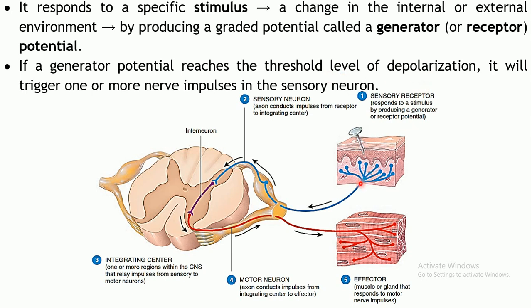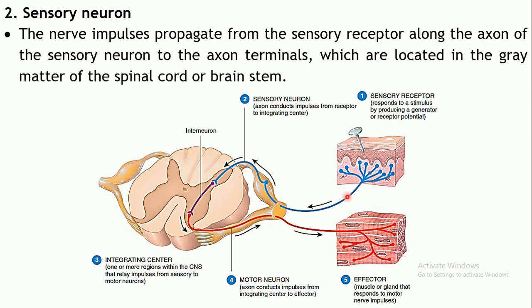So it will trigger a nerve impulse in the sensory neuron. This sensory neuron will propagate this information from the sensory receptor towards the CNS.